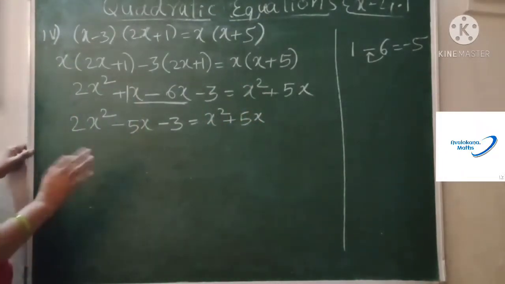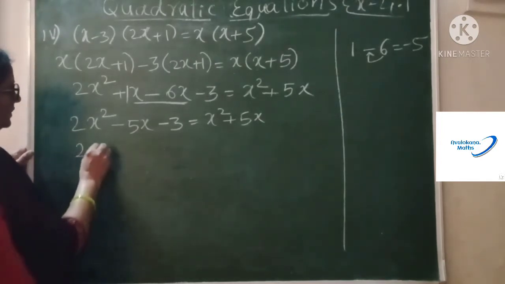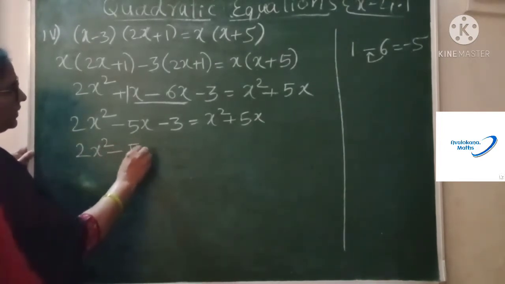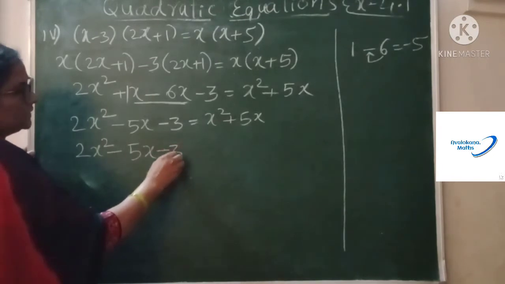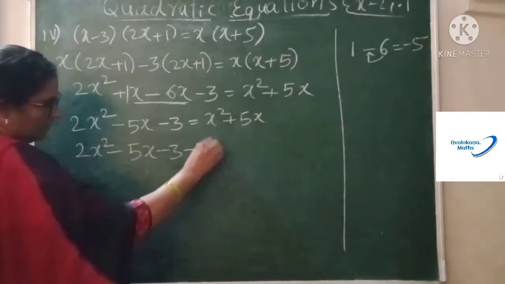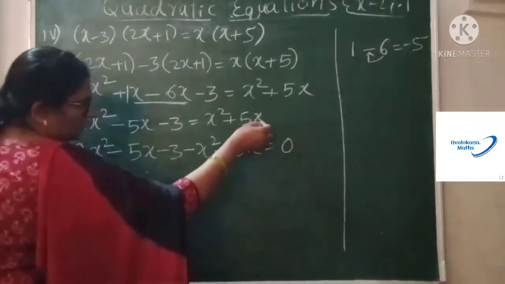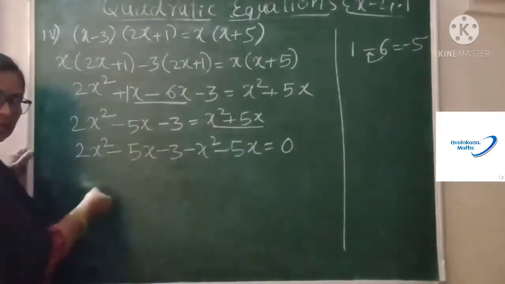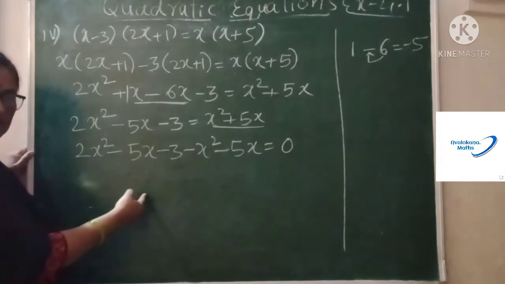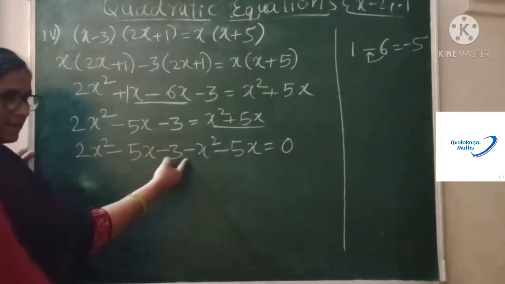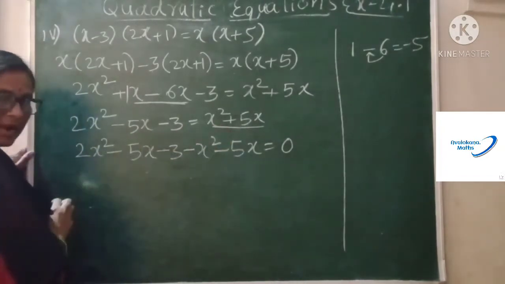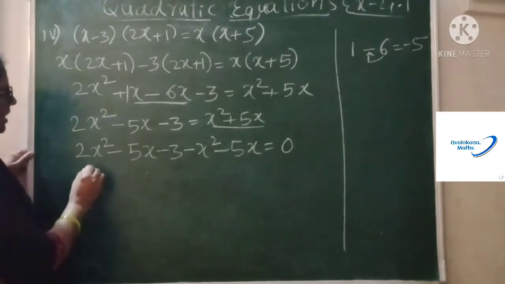Okay, now write this once again as it is. 2x square minus 5x minus 3 and minus x square minus 5x equal to 0. As you know, you are transferring from RHS to LHS. Obviously the sign changes. This plus becomes minus and also this plus becomes minus. Okay, now listen children, one more way.